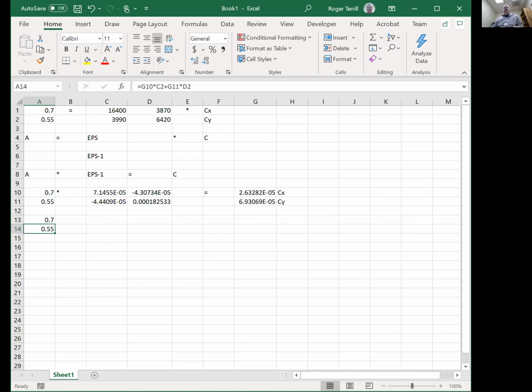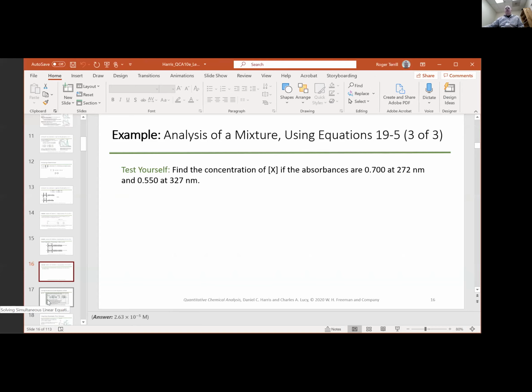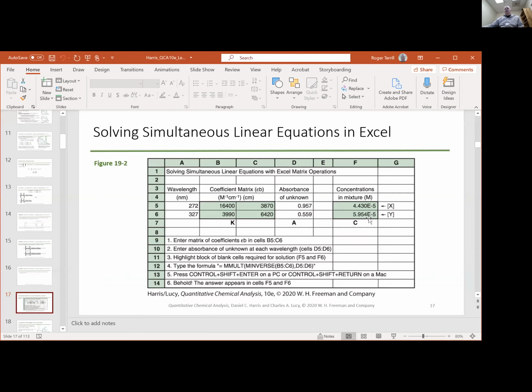In any case, this works out. Let me take a peek ahead and see what we've got coming up here. There we go. This is how we solve this one, and it came out to these values. That's fine.